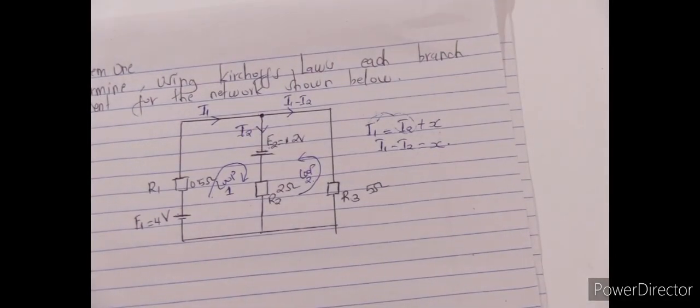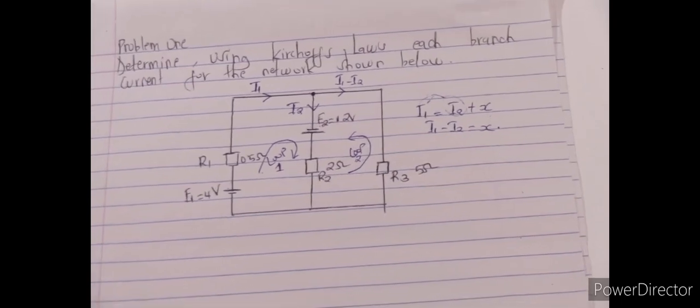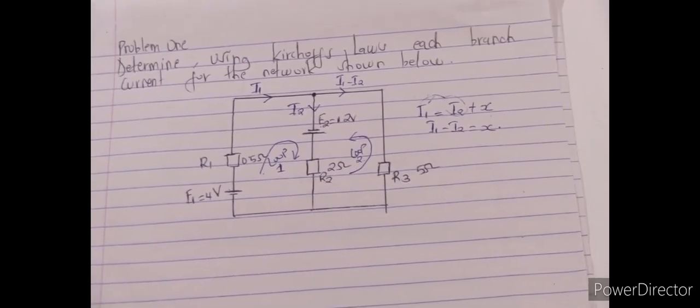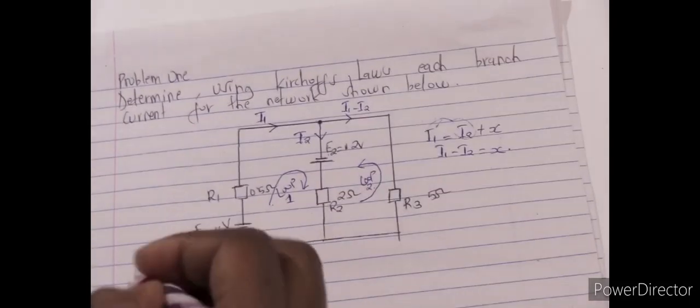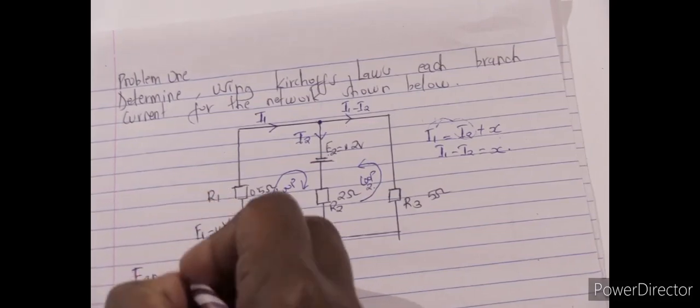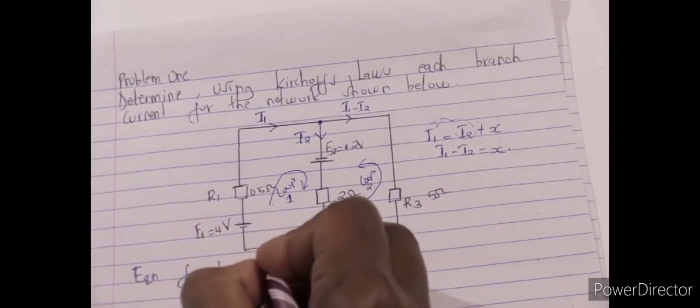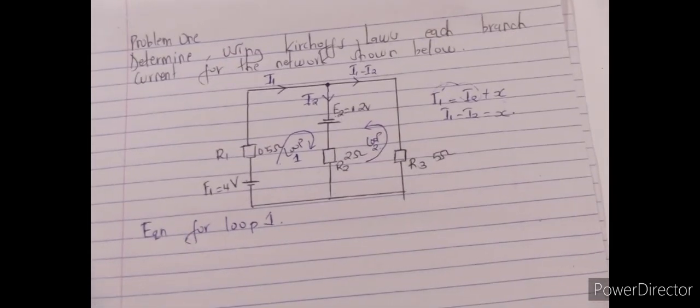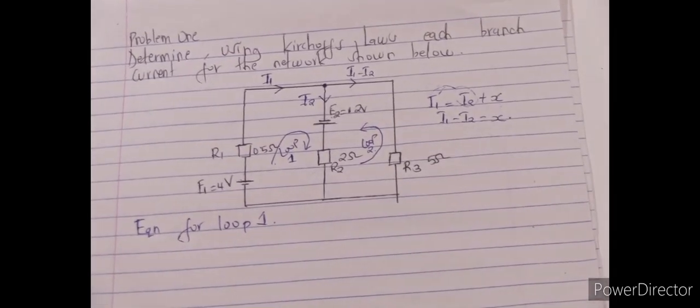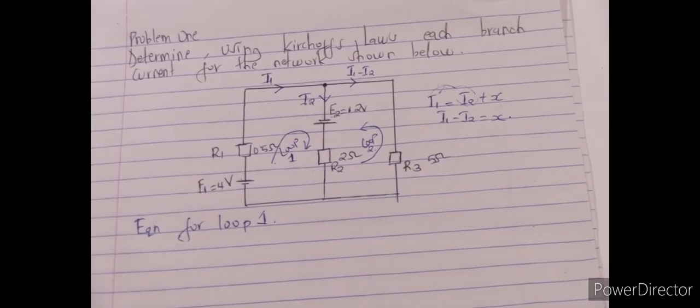After doing that, you come and form your equations. Because you have 2 loops, we are going to form 2 equations. The first is the equation for loop 1. In it, we use the voltage law to come up with our equation.